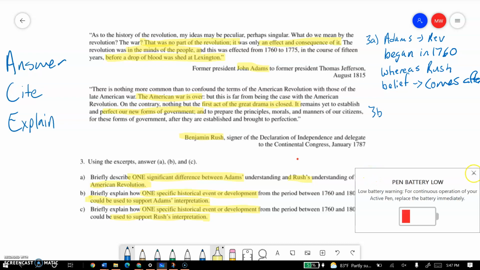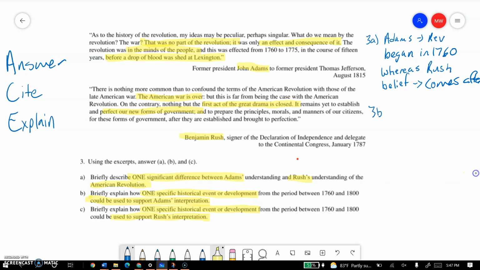These are kind of similar, but what you're going to have to do here is draw on your own historical knowledge. So this is going to be a lot of using your context, what is happening around these events that are being outlined.